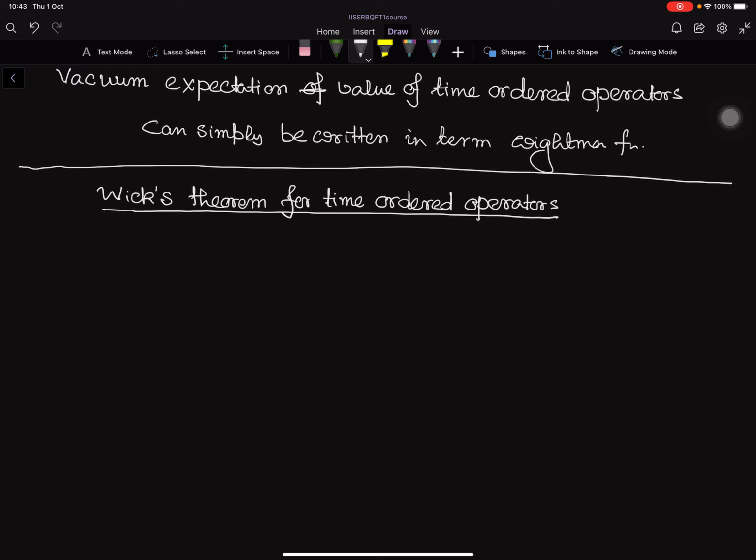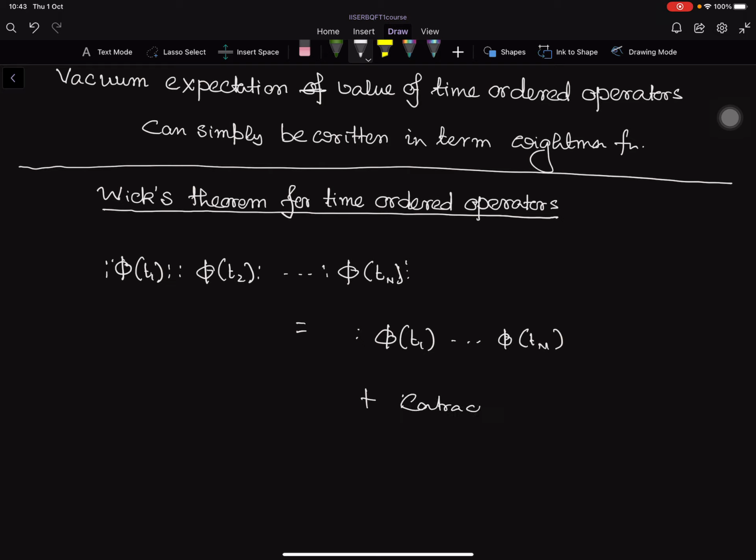We remember that in the case of Wick's theorem, we had some set of operators, and we wrote it in terms of the completely normal ordered product plus all possible contractions.